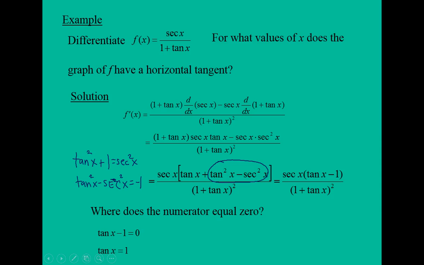Here we'd get tangent of x equals 1. So those are the values of x where tangent of x minus 1 equals 0. Now for secant x, that never equals 0. So that will not give us any solutions. So we have found the derivative, and we found what values of x the graph of f has a horizontal tangent.